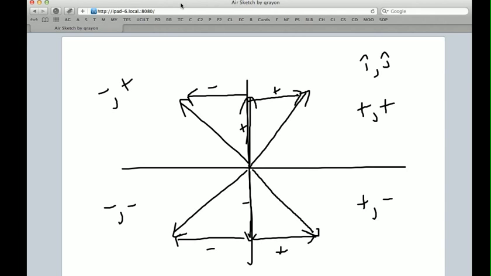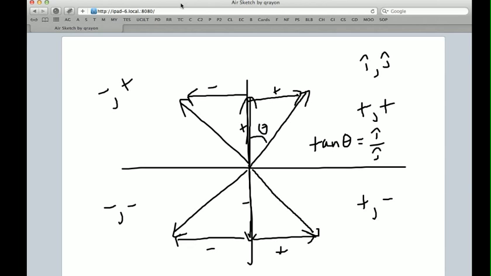Well, for all of these angles in here, I could take the tangent of the angle would equal i hat over j hat. So that means I could take the inverse tangent of i hat over j hat.